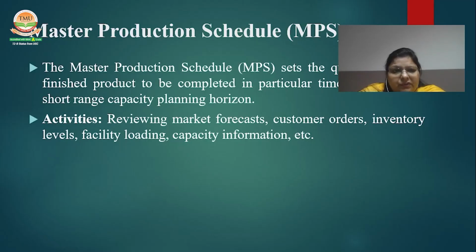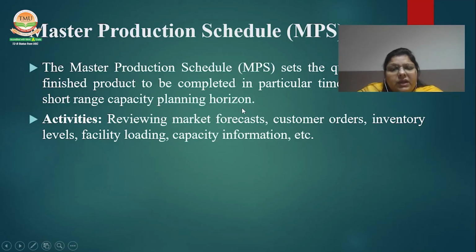The next point, which is very important to discuss, is the master production schedule. What is MPS? The master production schedule sets the quantity of each finished product to be completed in a particular time period of the short-range capacity planning horizon.